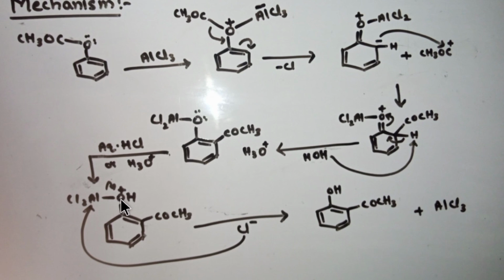So here the OH-AlCl2 compound will be produced as a whole. Everything remains the same as before, but only a hydrogen is added.